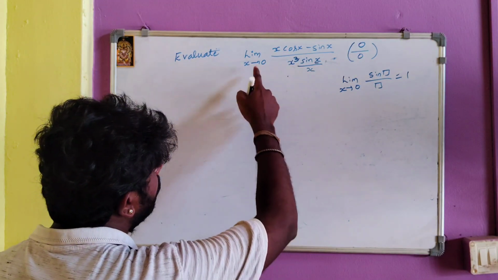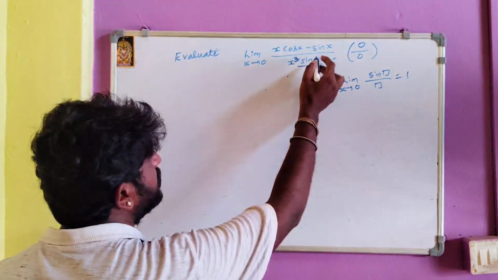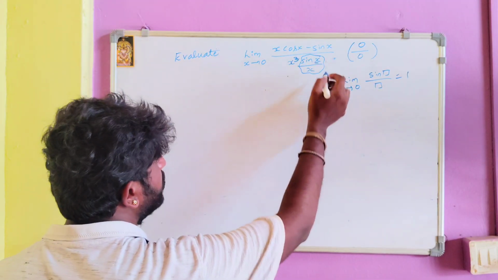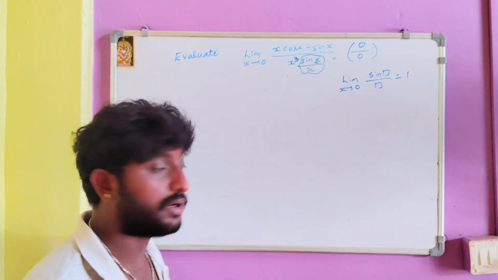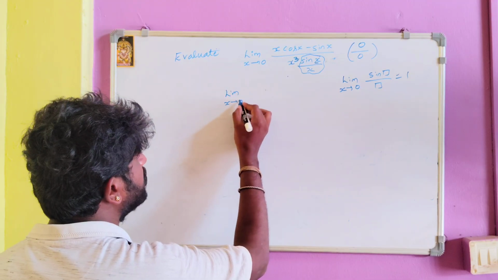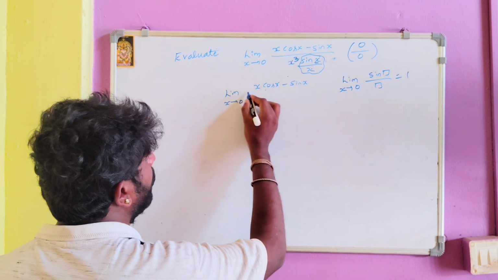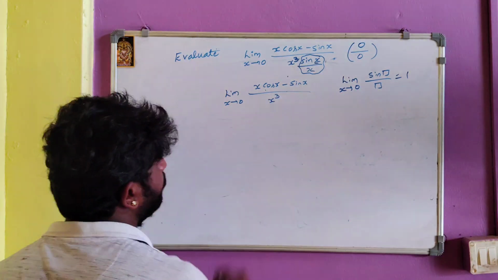Now if you apply the limit here, this value becomes 1. Then further, limit x tends to 0, x cos x minus sin x by x cube you get.